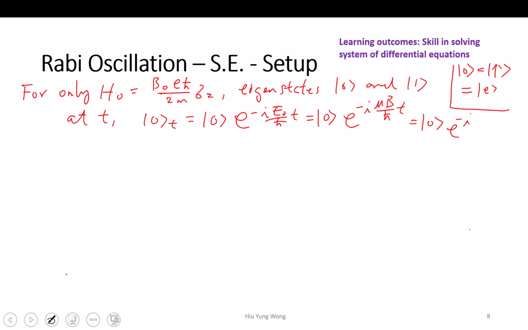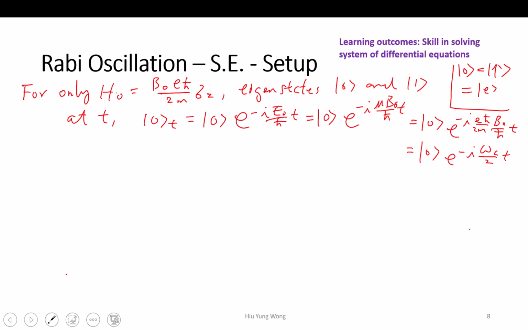So instead of B, you put B0. This becomes e h bar divided by 2m, that is mu B0 divided by h bar t, right? e B0 divided by m is just the Larmor frequency. e to the power negative i omega L divided by 2 t, right? Because h bar got cancelled, e B divided by m is omega L.